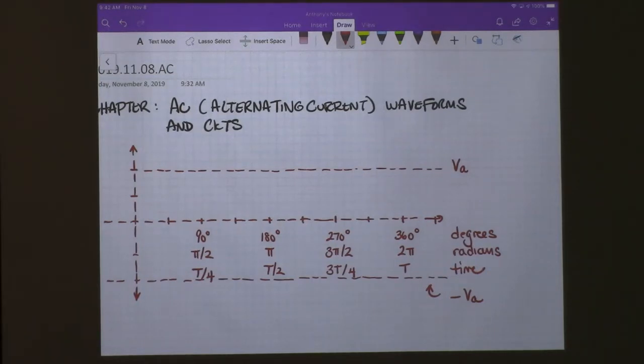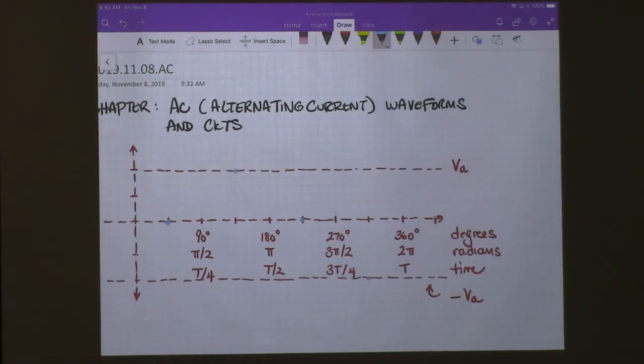All right, so now let's draw the wave. I'm going to draw the wave starting right here, as opposed to starting at 0 degrees.